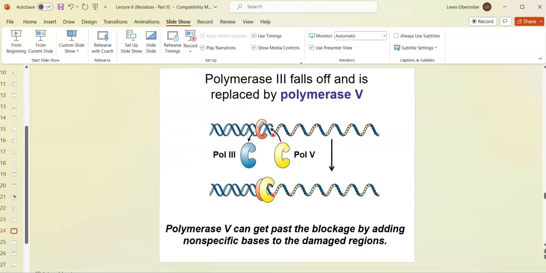When that happens, the clamp releases the polymerase 3 and adds on a different polymerase called polymerase 5, which is super error prone because it doesn't have the right shape. It's kind of loose on the double helix. And so it can slide past this, but it also isn't very good at reading because it's too far away.